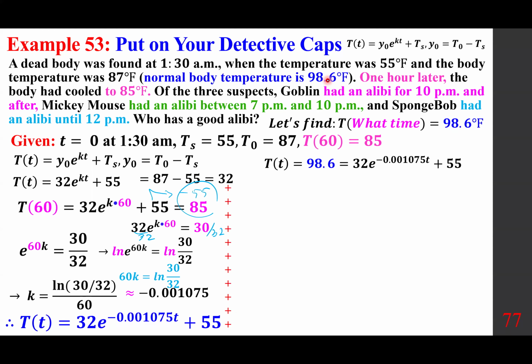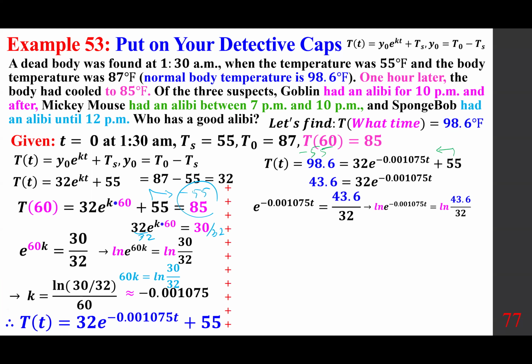Of course, we're going to subtract 55 from both sides. We get 43.6. We divide both sides by 32. You take a natural log of both sides.